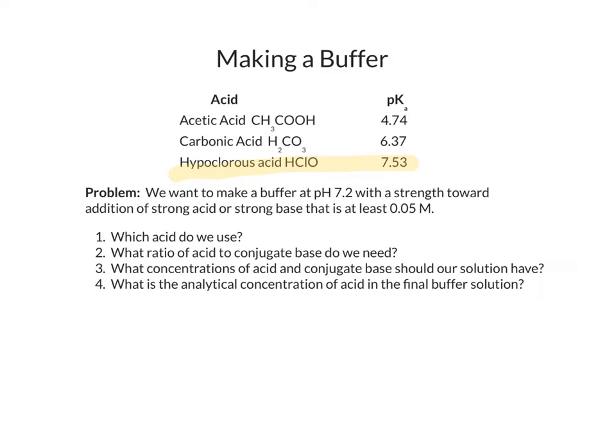Next, we want to determine the ratio of acid to conjugate base that we need in order to achieve our final pH of 7.2. To do this, we go back to our equilibrium equation and recognize that hypochlorous acid in water is going to ionize to form the conjugate base plus H3O+.